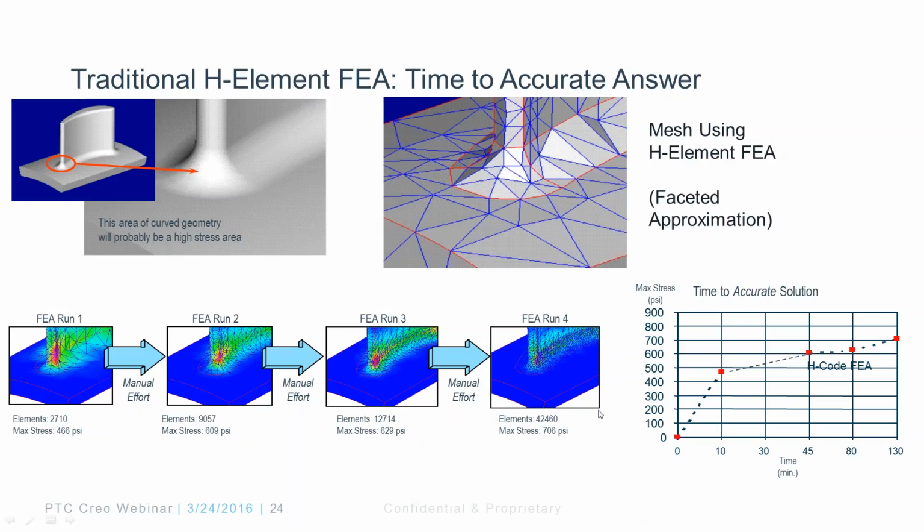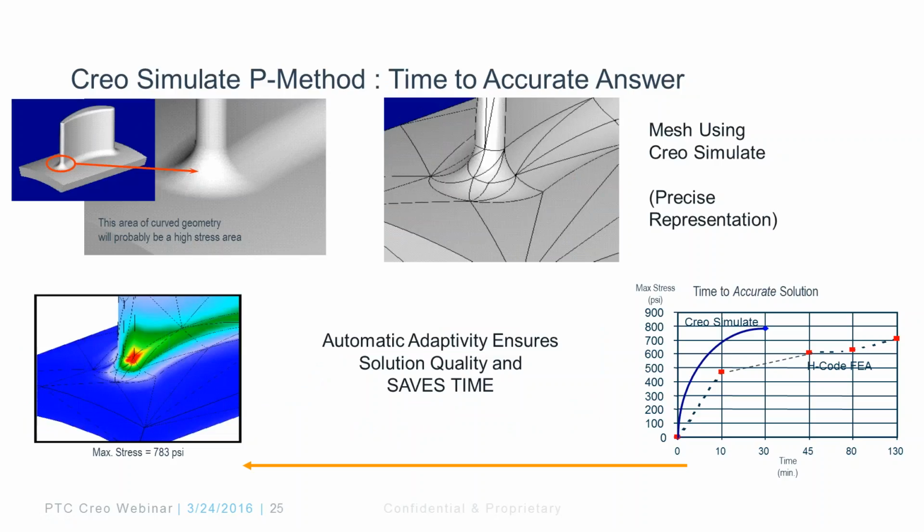So this pre-processing time and effort is what we want to avoid using the P method, wherein it just maps the geometry as is. You're not approximating the elements. And it runs in much faster time because we are not manually doing any type of mesh refinement. The software essentially elevates those polynomials and gives you the maximum stress.